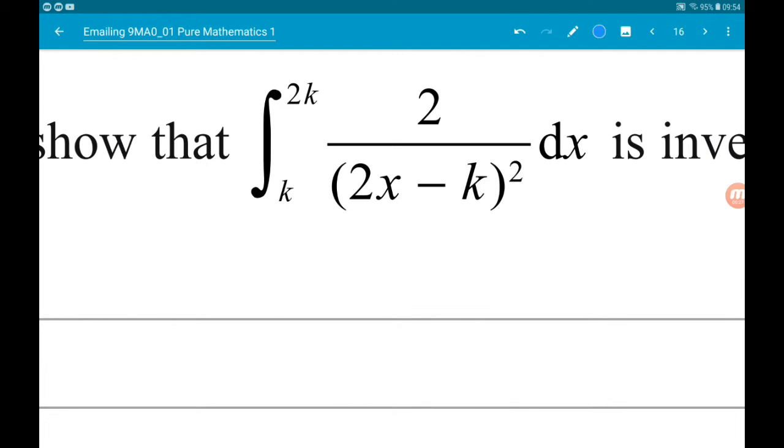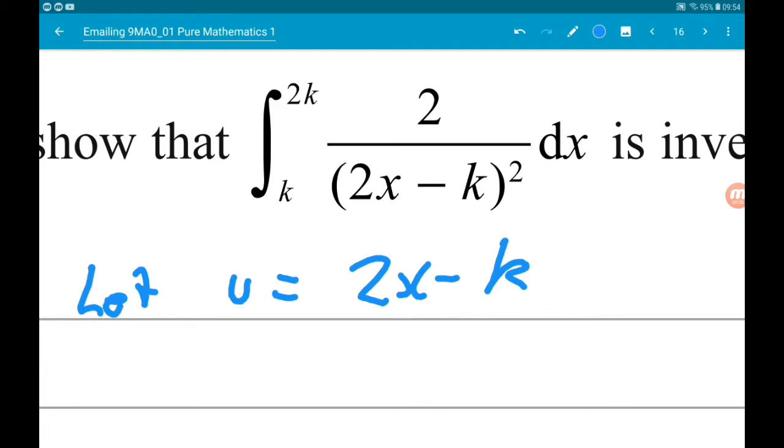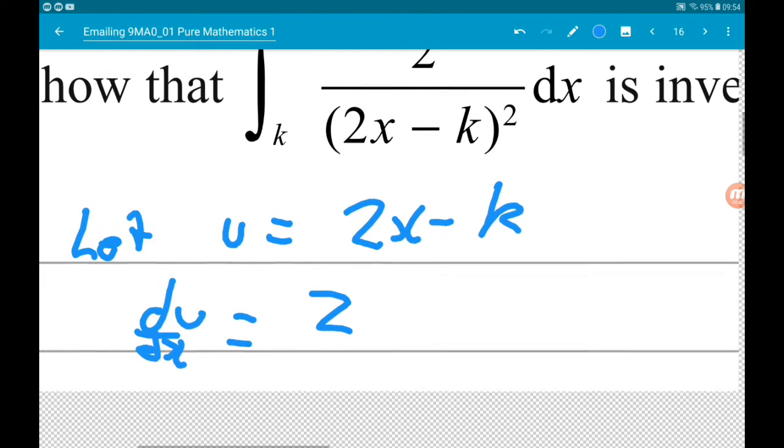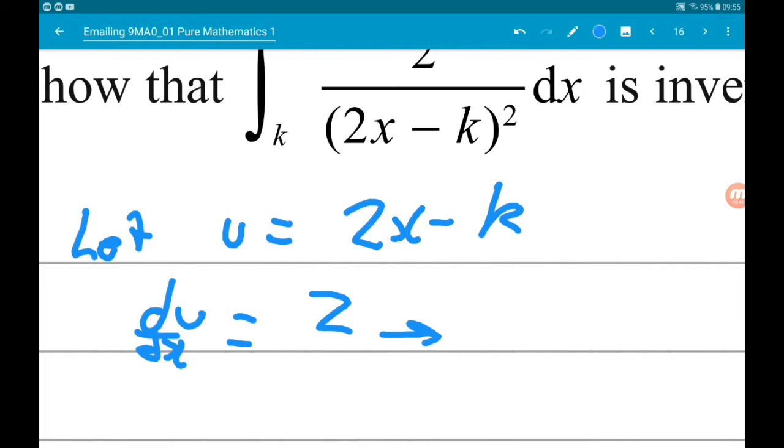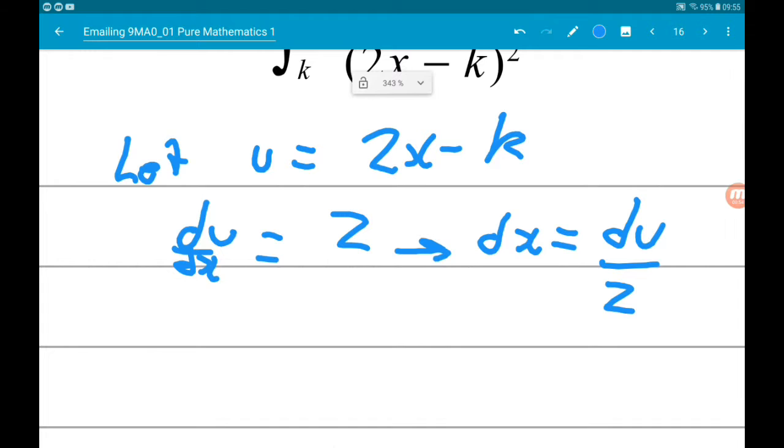Let u equal 2x minus k, and then du by dx is 2. So dx is du over 2.